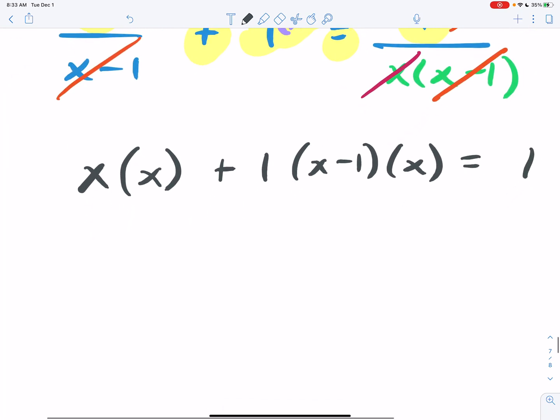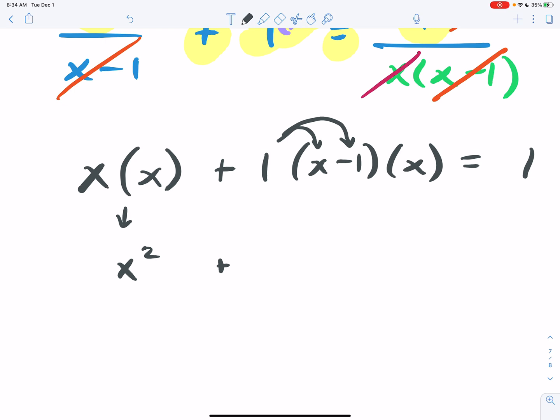Okay, so here, x times x is just x squared, okay? Now, here, 1 times x and 1 times 1 doesn't change anything. When you multiply something by 1, it doesn't change anything, right?